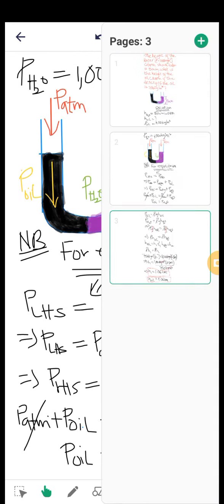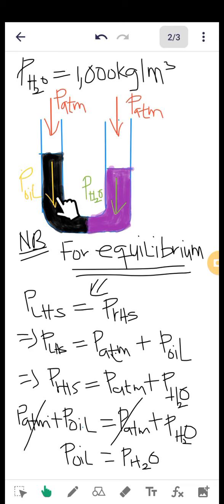So this oil has a certain height, h, and a certain density, and also a gravity acting on it. When you multiply those factors, you get the pressure here. And also another pressure, the atmospheric pressure, is acting downward.